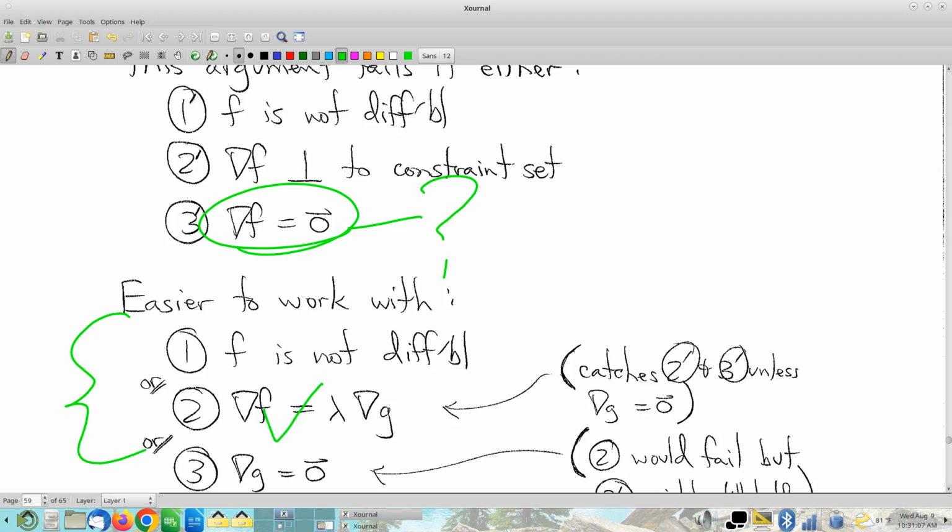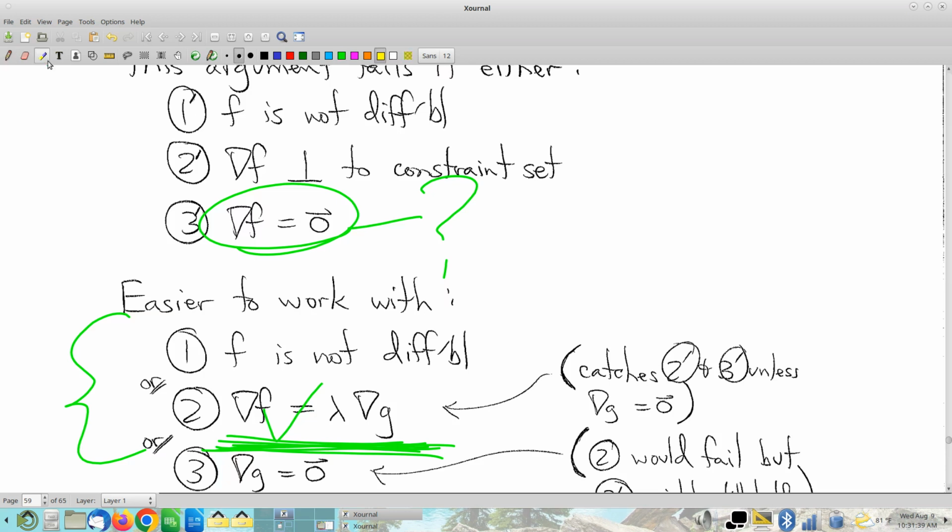If the gradient of f is 0, the 0 vector is a scalar multiple of the gradient of g. That scalar is 0. Totally fine. Lambda is allowed to be 0. No problem. Right? So we have not dropped condition 3. We just sort of absorbed it into this second condition down here. Is everybody with me?